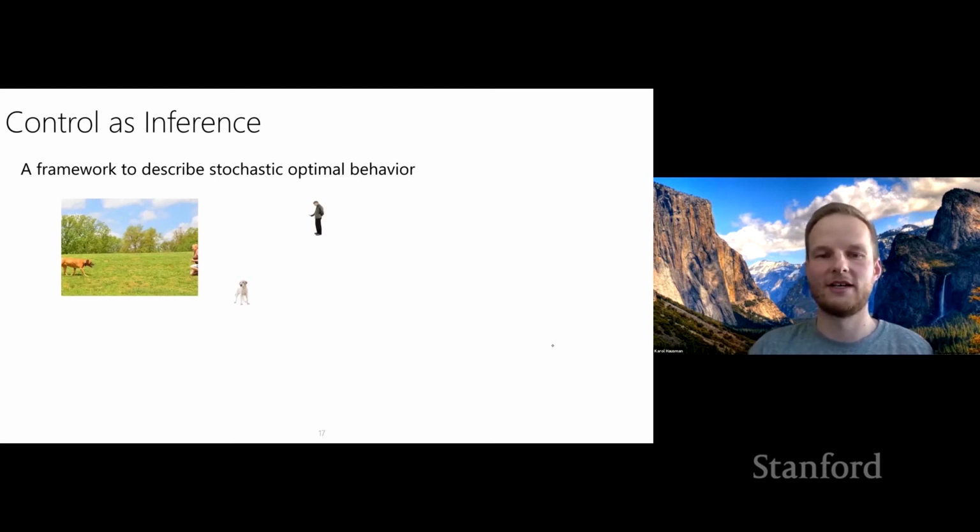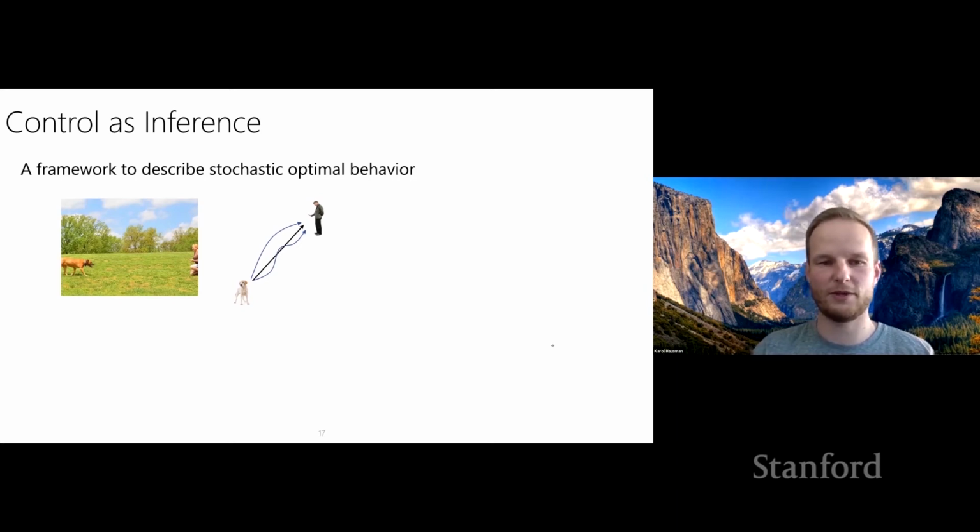We had the dog trying to come to the owner, and we don't want the only behavior to be the straight line, but we also want to represent behavior that is a little bit stochastic. When we deal with stochasticity, we usually want to introduce some random variables and potentially a probabilistic graphical model. So let's do that.